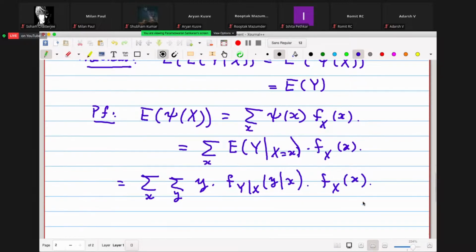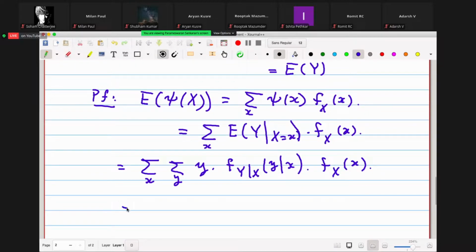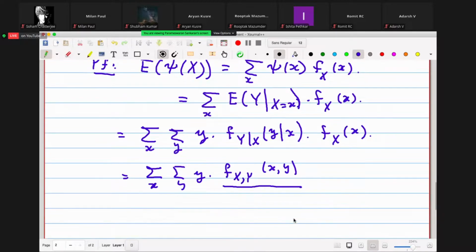Now substitute what that exactly is: the summation over y of y times f_XY of x comma y, pay attention, divided by f_X of x, and times f_X of x.